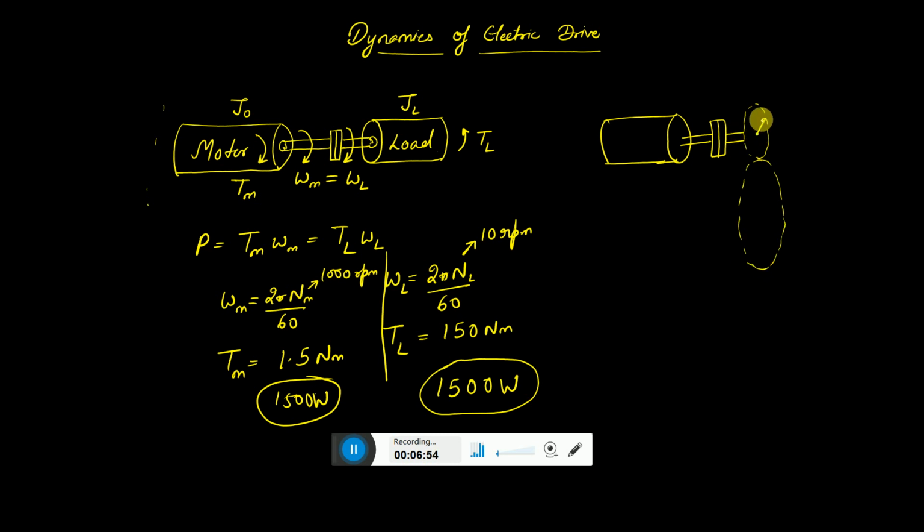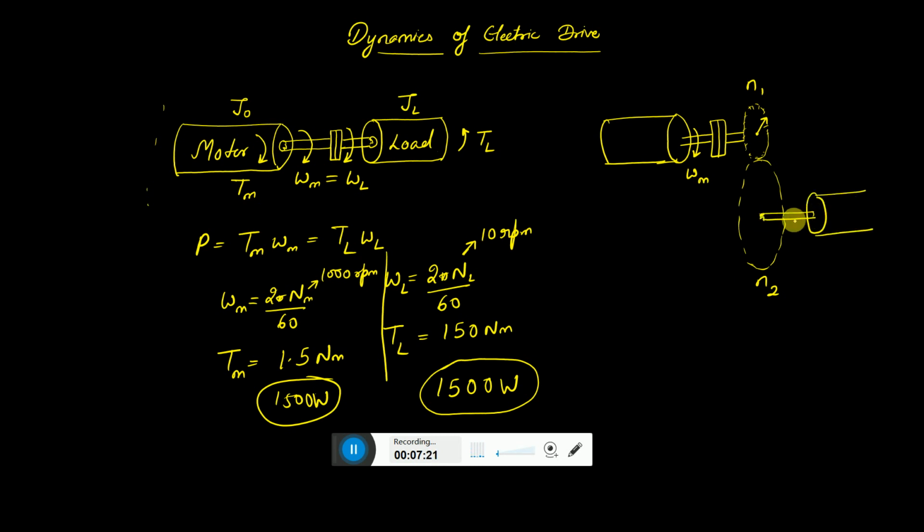Here, whatever the radius, we can see these are the teeth. Let us say N1 is the number of teeth here, and here the number of teeth is N2. Here we are driving it at a speed of omega m, and here we are getting the output with the help of a shaft.